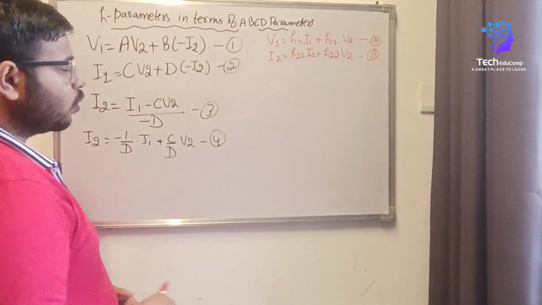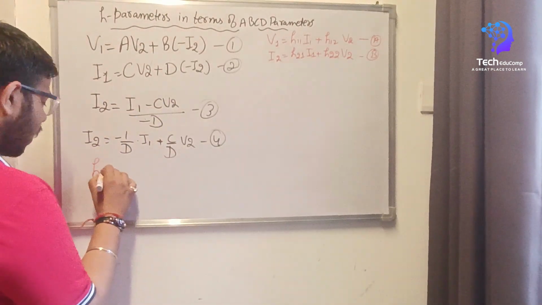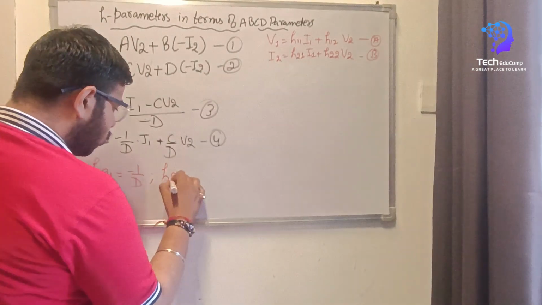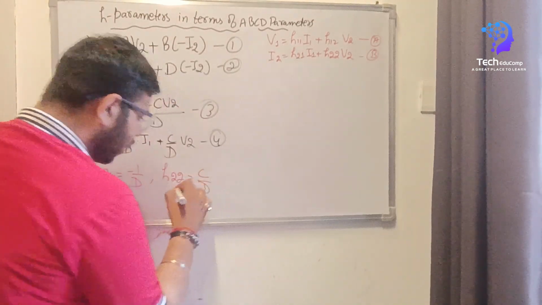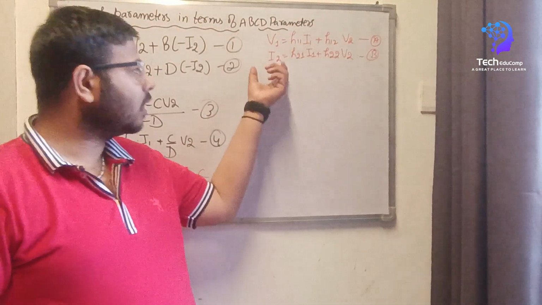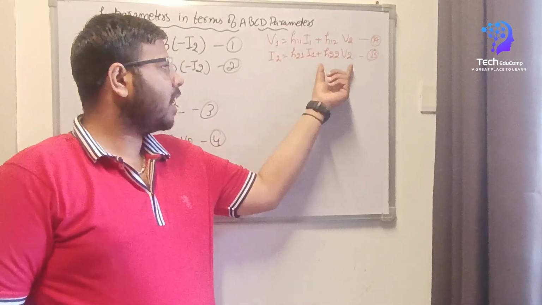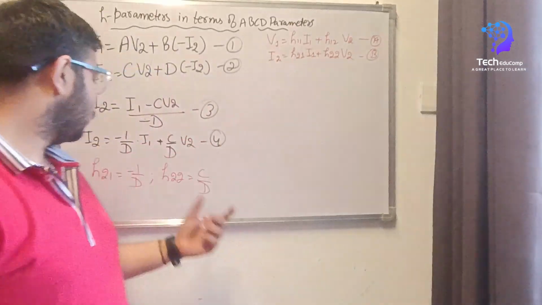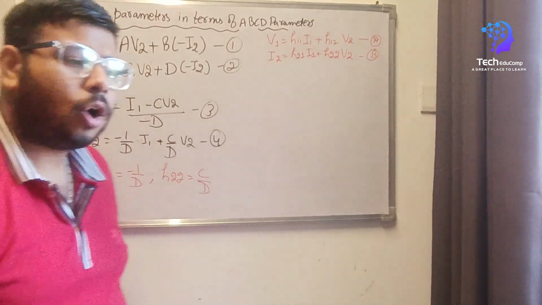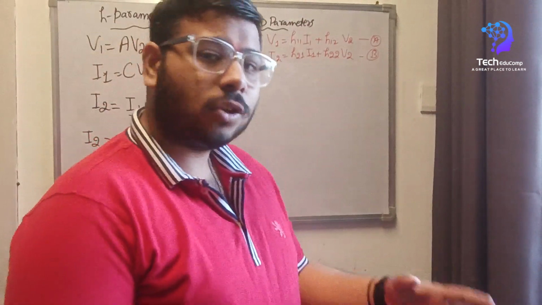And when you compare equation number 4 and equation number B, you can observe that h21 is equal to minus of 1 by D, and h22 is equal to C by D. So this is how you can write the second equation, which is in terms of output current, equal to h21 input current plus h22 output voltage. Okay, so now we got this h21 and h22. So how can we find out the values of h11 and h12?